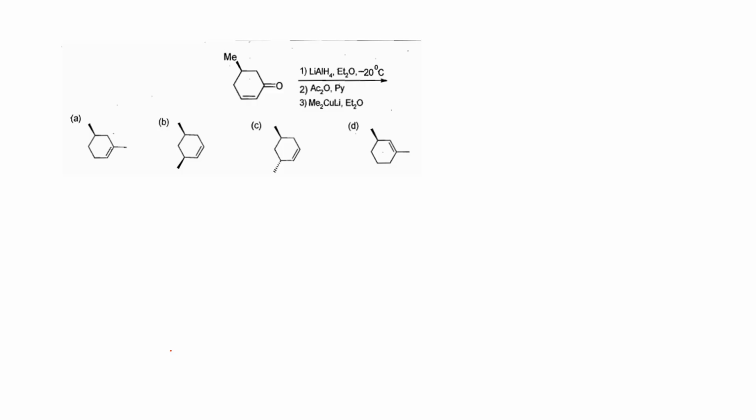So they have given this product and added LiAlH4 at low temperature. What will happen in this case? LiAlH4 with an alpha beta unsaturated compound, what will happen? It will attack this beta carbon.